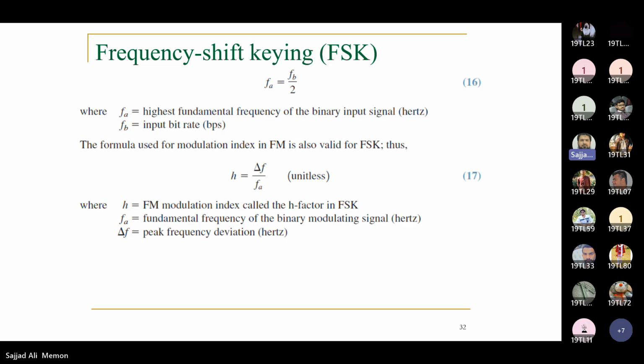So therefore, the fundamental frequency will be equal to half of the bit rate. And the formula used for modulation index in FM is also valid for FSK. Thus, h is equal to delta f by f_a, where h is your modulation index, called the h factor in FSK.